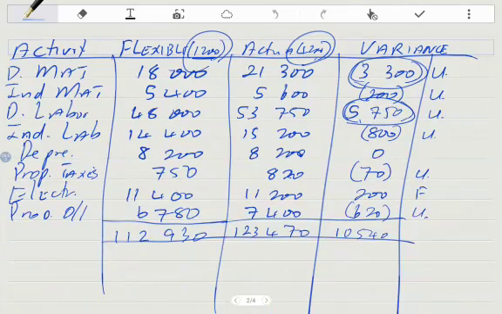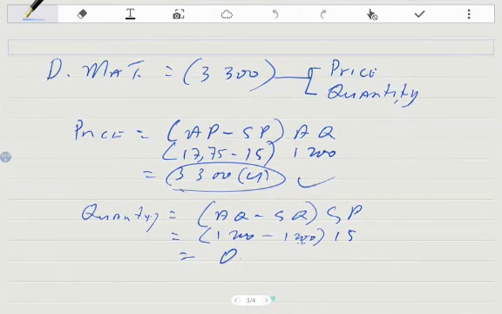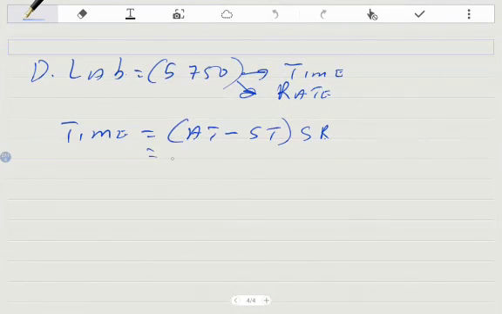So I'll simply assume that we are going to take an hour to produce a unit. That's my assumption. If we are taking an hour to produce a unit, and the units we produce are 1,200, it means we've used 1,200 hours minus another 1,200 hours, times the standard rate.